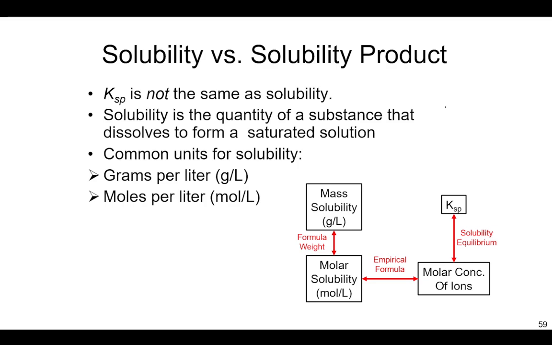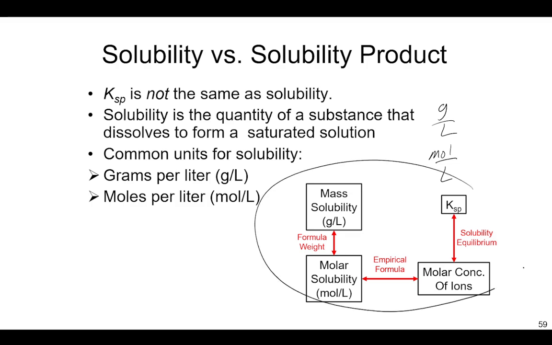That is different than solubility, which is typically grams per liter, or molar solubility, which is moles per liter. And all of those are just representations of the amount of dissolved substance in an aqueous solution. And so you will have to convert back and forth between these various units. And that's what I'm showing down here, sort of a shorthand for how I get back and forth between KSP, molar solubility, and mass solubility, or really, when we just refer to solubility, it's usually mass solubility.